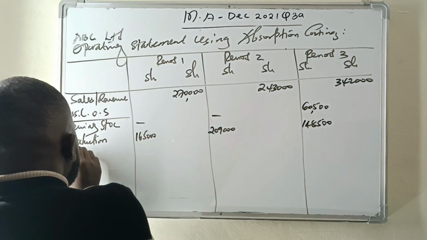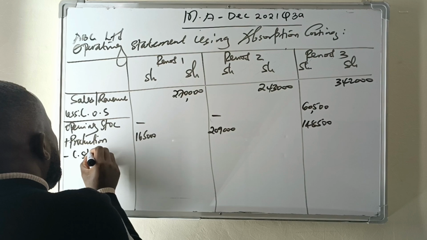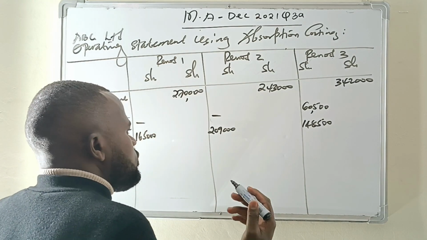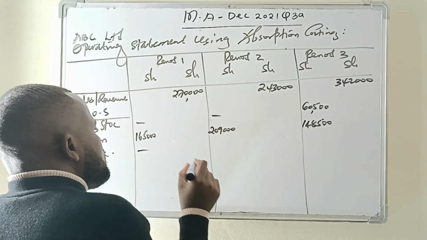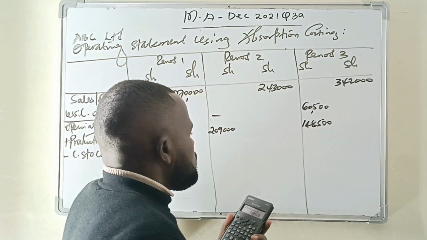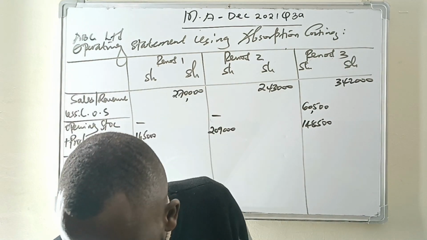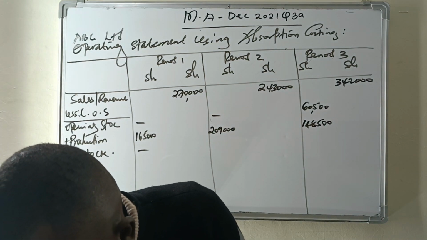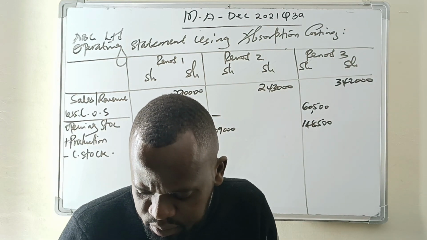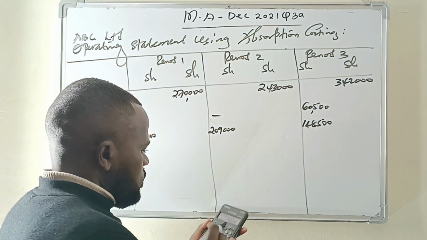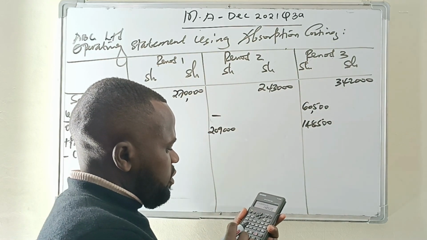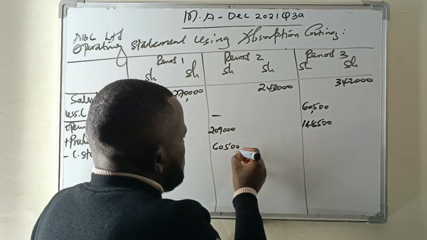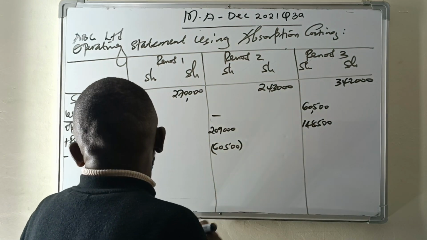148,500 less the closing stock. Closing stock for period 1: we produced 30,000 and sold the whole 30,000, so we have 0 closing stock. Period 2, we produced 38,000 and sold 27,000, so there is a closing stock of 11,000, multiplied by 5.5, which is 6,500.